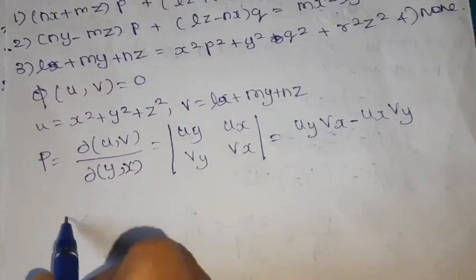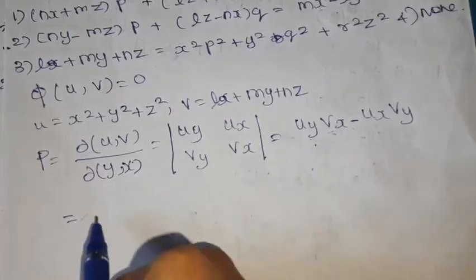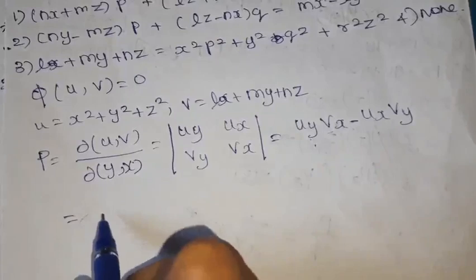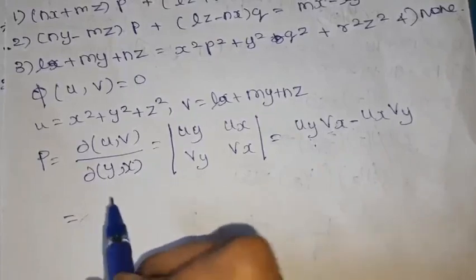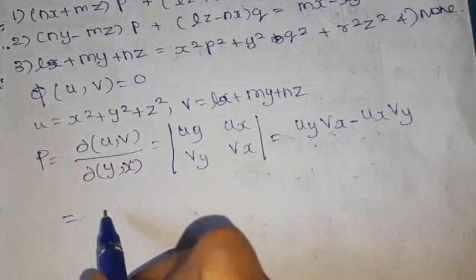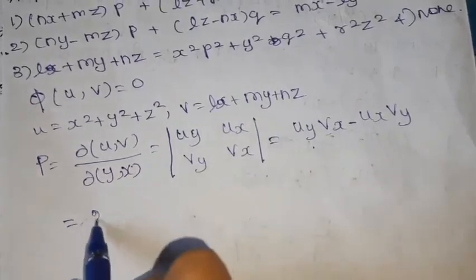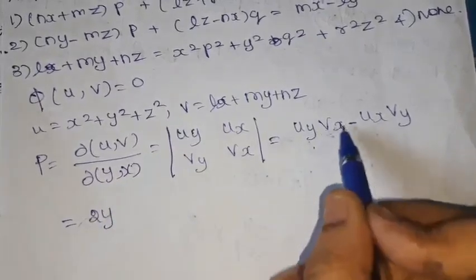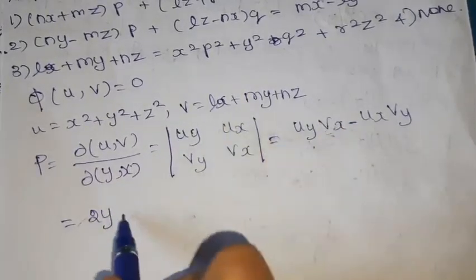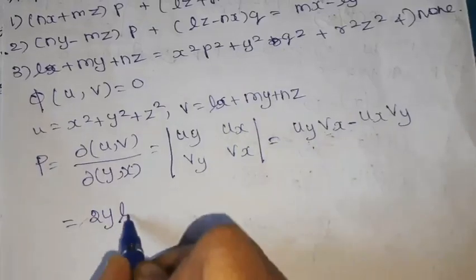So what we will get? uy is nothing but, what is uy here? 2y, right? 2y. In this term, what is vx? vx equal to l into l, right?